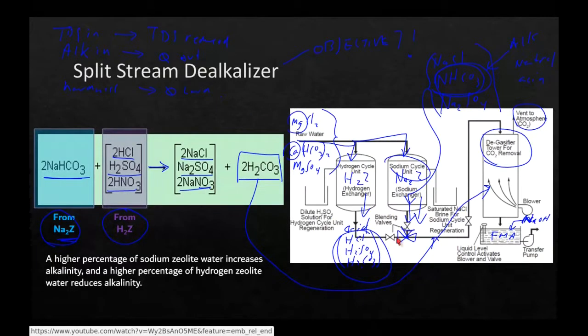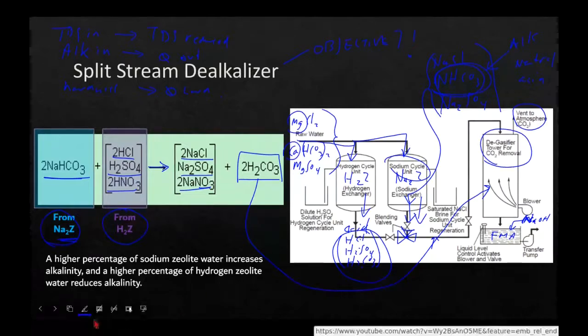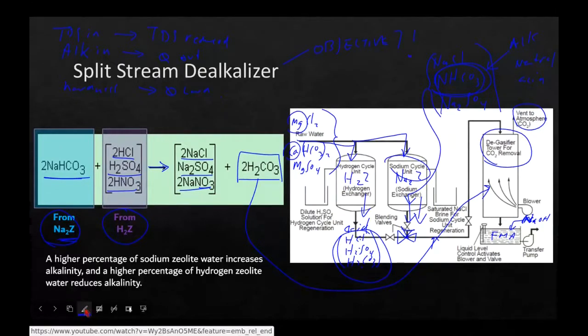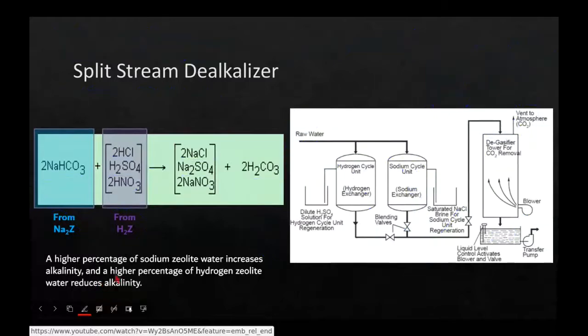Now, what's very, very critical is we have to have the proper blend all the time. So if we have too much flow through the sodium zeolite, then we get an alkalinity up, because we're going to get too much sodium bicarbonate coming out of the sodium zeolite.